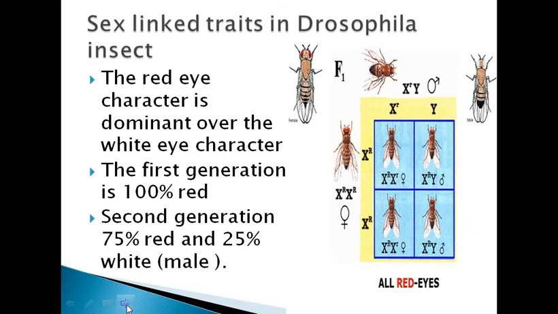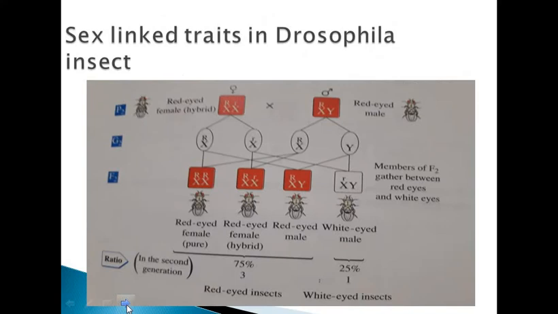While the second generation will be 75% red and 25% white, and this is also similar to the Mendelian character. Here, crossing occurs between a red eye female, but here the female is hybrid.